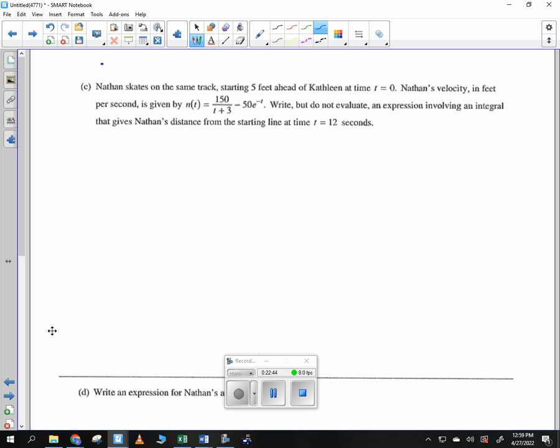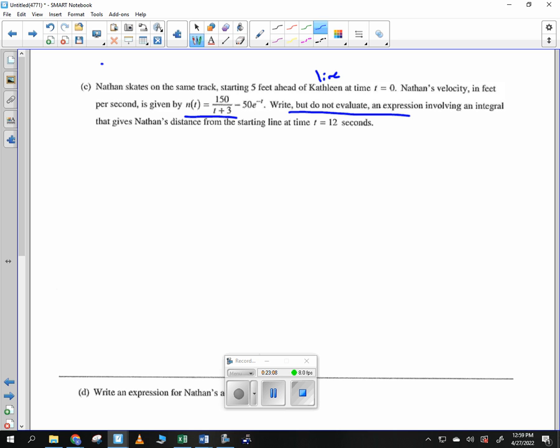It says Nathan. Where did Nathan come from? He's just looking for a prom date. He skates on the same track, starting 5 feet ahead of Kathleen. I want to make sure where Kathleen started, so I went back and checked the problem. She starts at the starting line, right? So she starts at the line, and Nathan's velocity in feet per second is given by this thing. They're using n for Nathan, right?